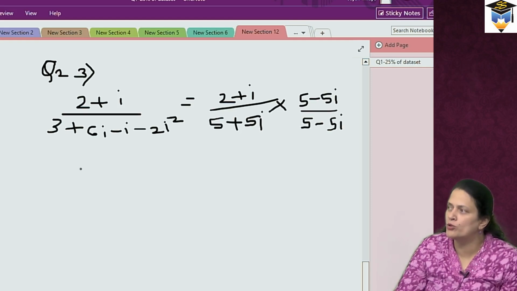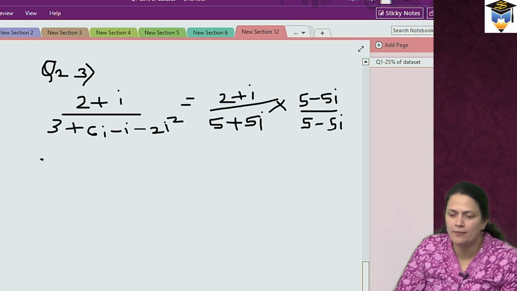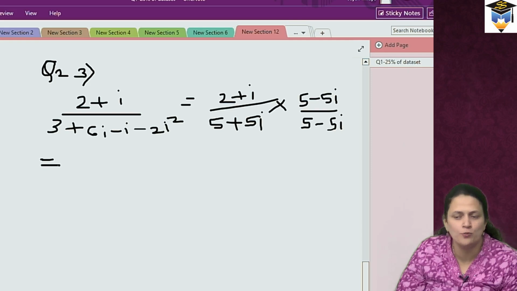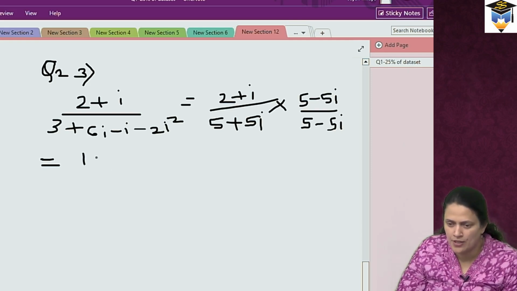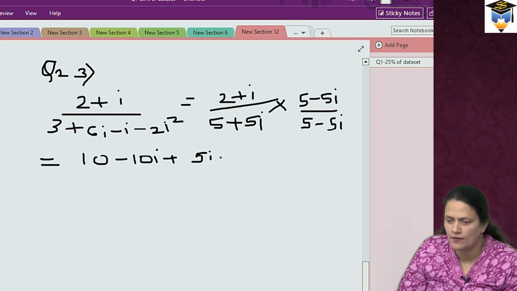Okay. So the numerator part we are going to just multiply 2 plus i into 5 minus 5i. You can do it and tell me the answer. So it is 10 minus 10i, then plus 5i minus 5i square. And in the denominator, as you can see, it is a plus b into a minus b.